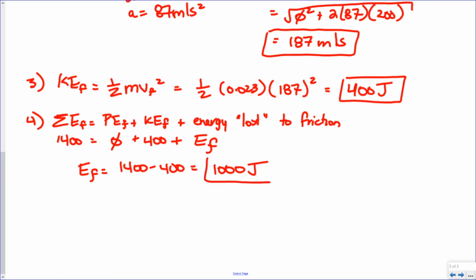Does that make sense? Yeah. As you're pushing something, it's not going to accelerate perfectly forever. And it's going to interact with the surface that it's on. They're going to rub together, create friction, create heat, and we're going to lose, quote unquote, lose some energy due to that. And that lost energy here is 1,000 joules.